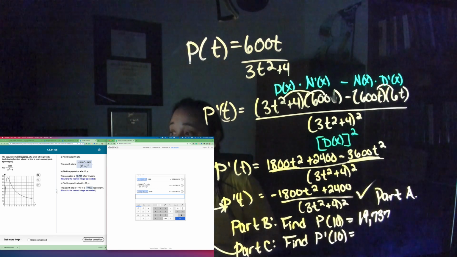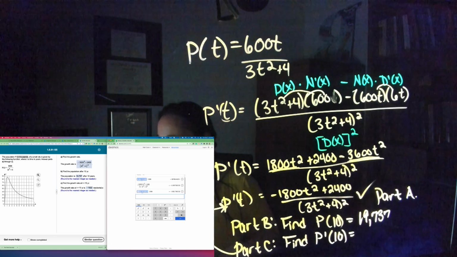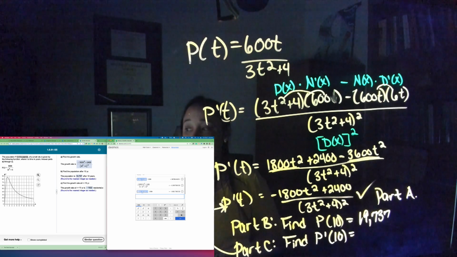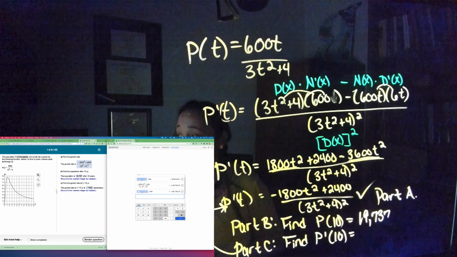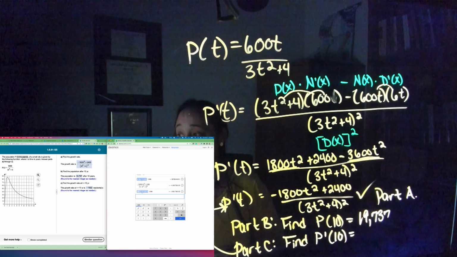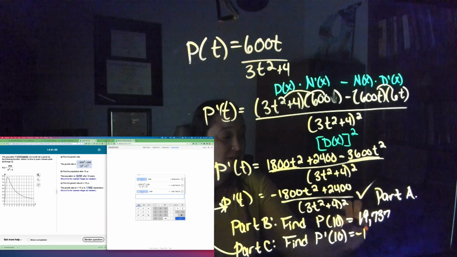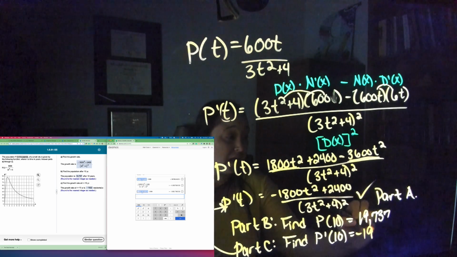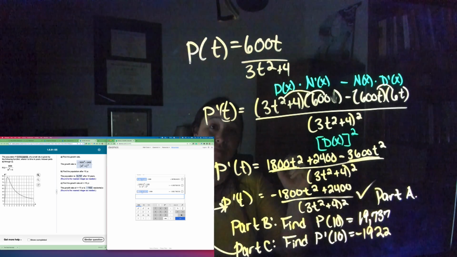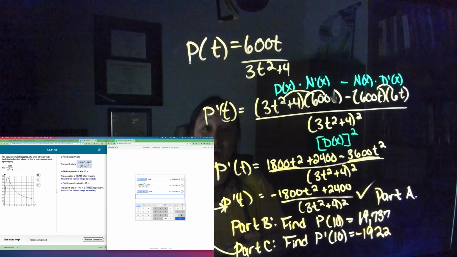And if I do that, then I have negative 1,921, but again they asked me to round to the nearest integer, the nearest whole number, so that would round up to a negative 1,922.